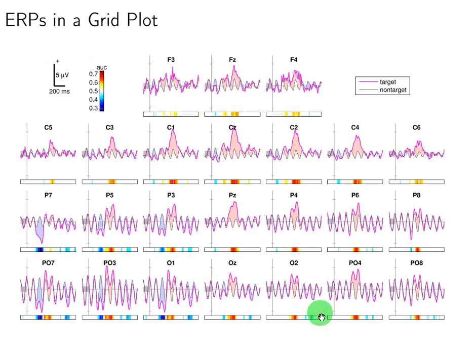Another way to visualize ERPs is usually done in a grid form. So here we have all those 7, 14, 21, 25 channels, right? Target and non-target, we see some shading as a difference between amplitude values. And also we have these color-coded rectangular values that represent the separability measure.